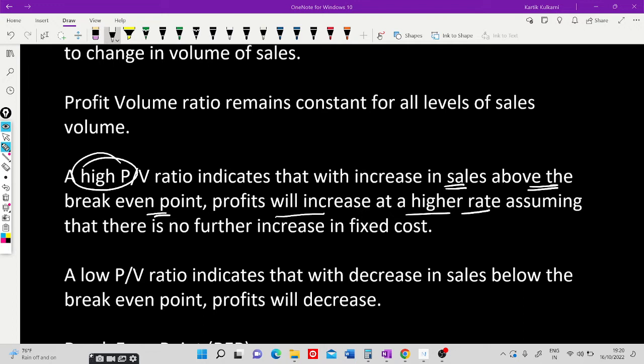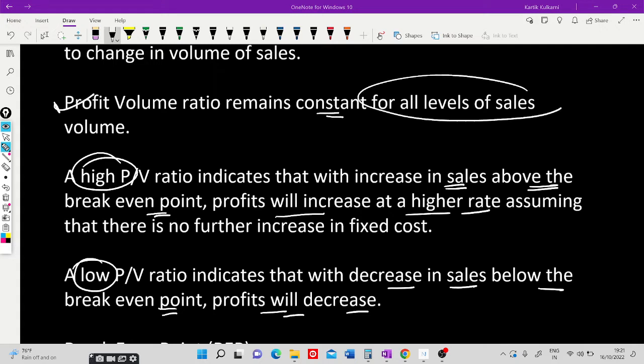And if the PV ratio is low, it indicates that with decrease in sales below the break-even point, profits will decrease. But the profit volume ratio remains constant for all level of sales volume. At any level of output, the ratio remains same.